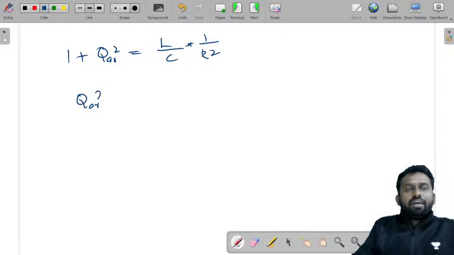So Q_ar square is equal to L by R square C minus 1.